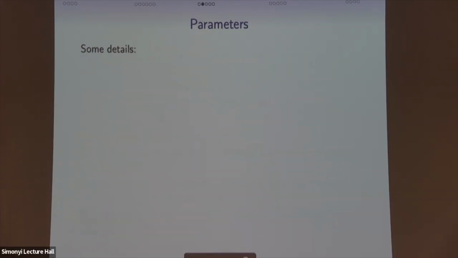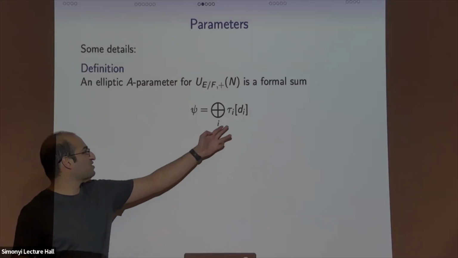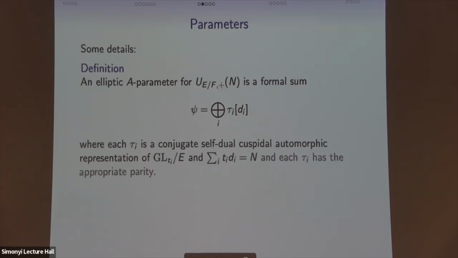So some details on what parameters are. We can define something called an elliptic Arthur parameter for the quasi-split unitary group of rank n. This is going to be a formal sum that we write as a sum of some tau_i boxed with some d_i. Each tau_i is going to be an automorphic representation of GL_{t_i} for some number t_i, and it's going to be conjugate self-dual and cuspidal.